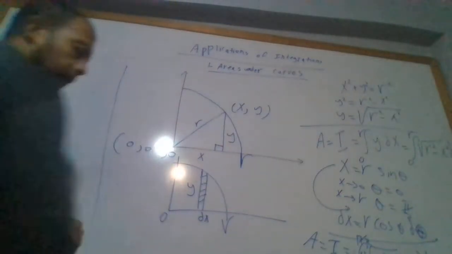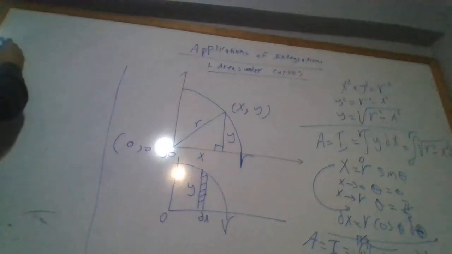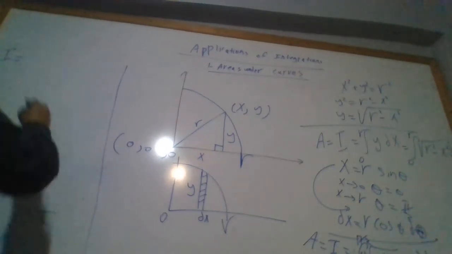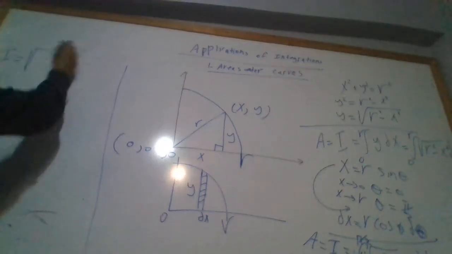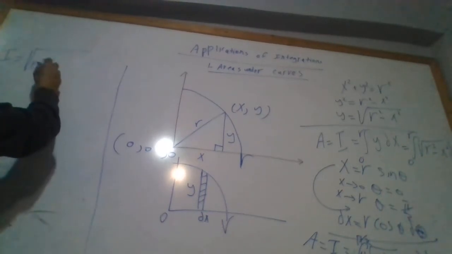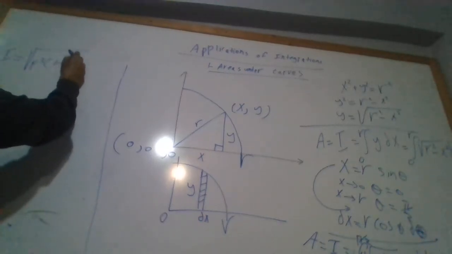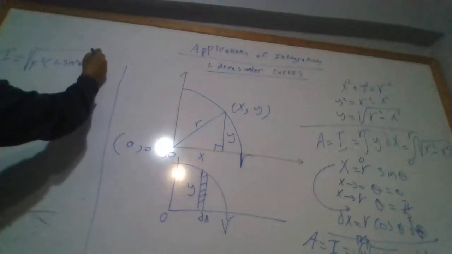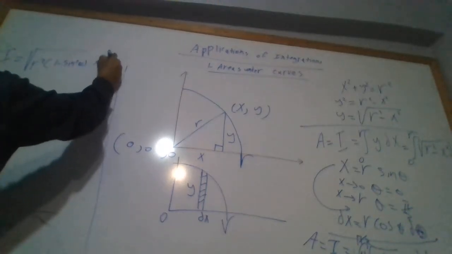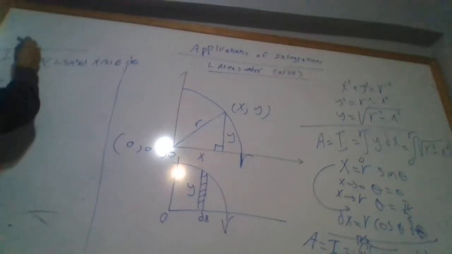After that, we can continue here. Taking r squared as a common factor, we have 1 minus sine squared theta times r cosine theta d theta.